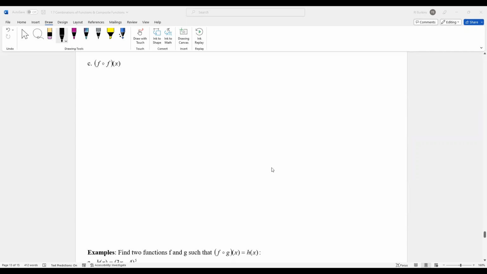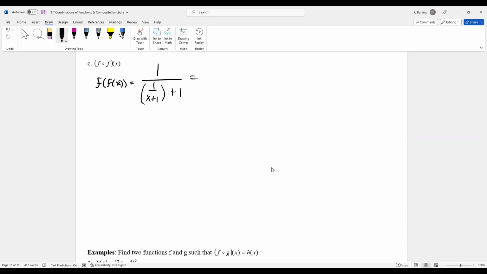All right, there's one more part to that. What if we want to do f of f of x? So that's going to be 1 over, and we're plugging in f of x right there, so that's 1 over x plus 1.